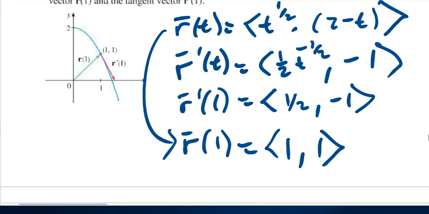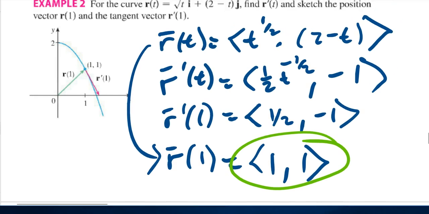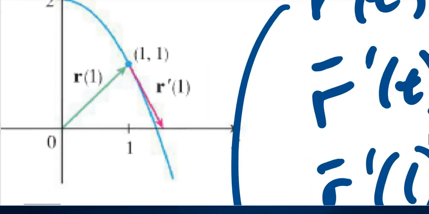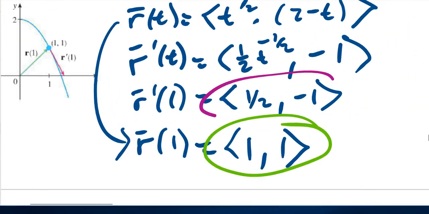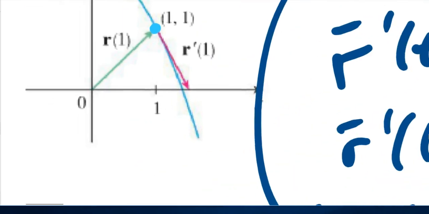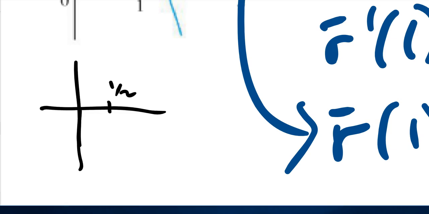So in green, we have r of 1, which is here. R of 1 is 1, 1. And now the tangent vector is 1/2, -1. So I'm going to go to that point on the graph and draw the vector 1/2, -1. If you were to draw it without any reference, you go out 1/2 and you go down 1.